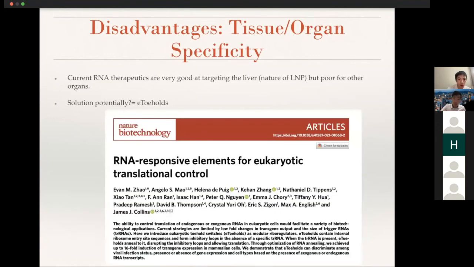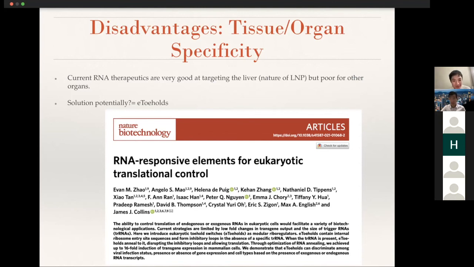So right now, our current generations of LNP have high affinity to ApoE, and as a result, they will always travel to the liver when injected intravenously. One of the more exciting breakthroughs would be to use what's called eToeholds in our designs.